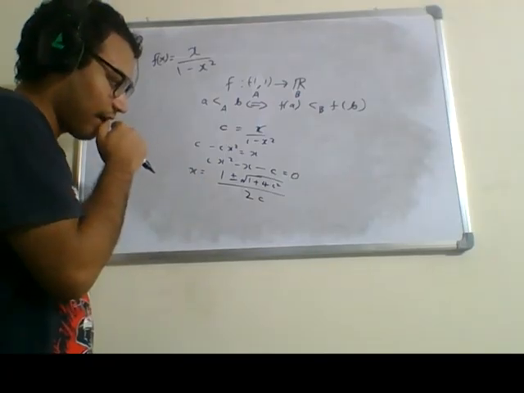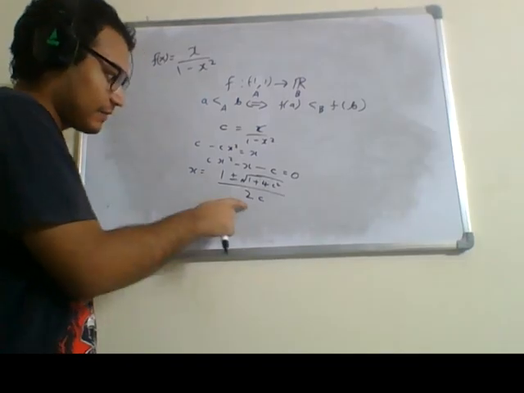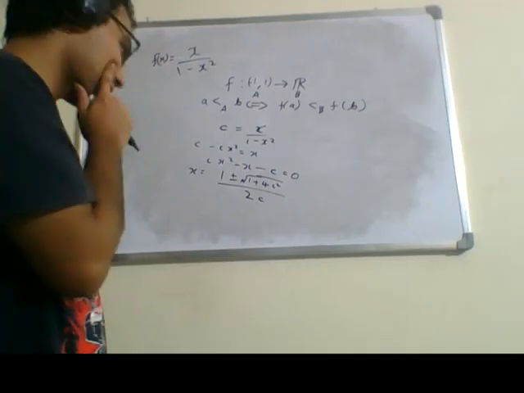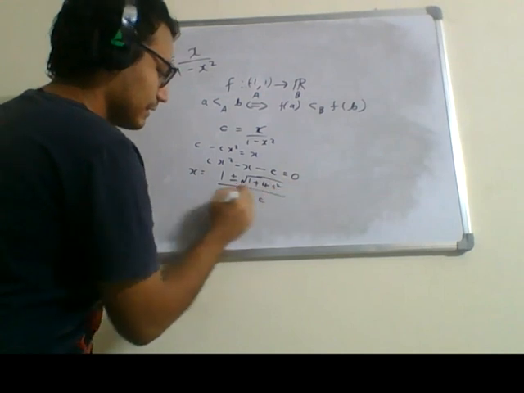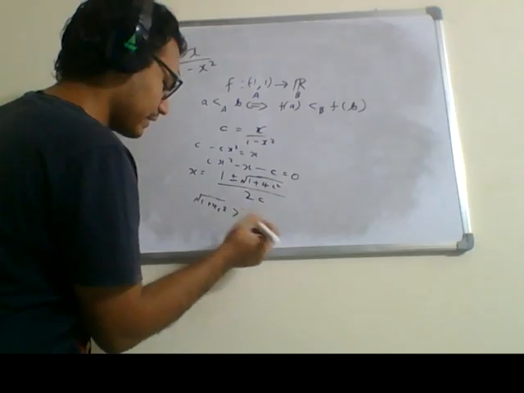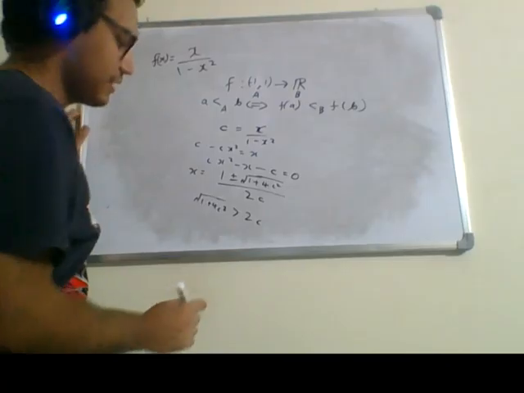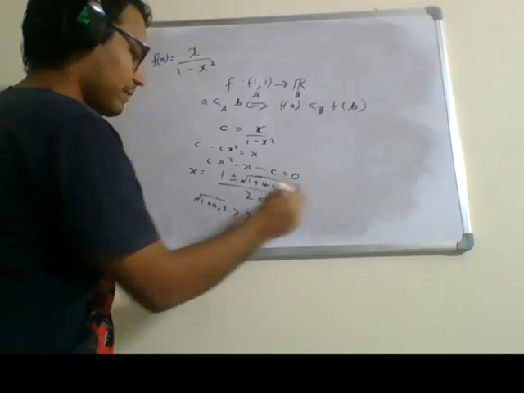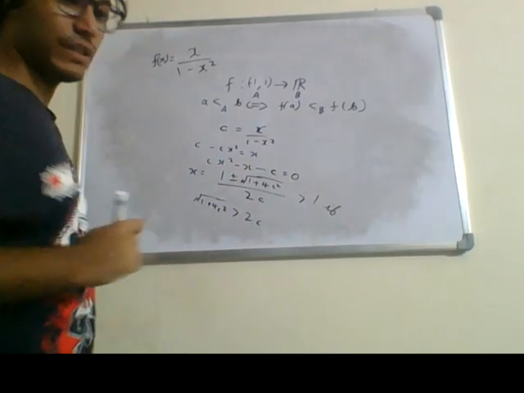Because c squared is always greater than 0, and x has to be between minus 1 and 1. So, okay, I didn't actually have to think that hard. This term, 1 plus 4c squared, is under pretty much all circumstances greater than 2c, correct? So the whole thing will be greater than 1 if we take the plus term. So that means we can only take the minus term.